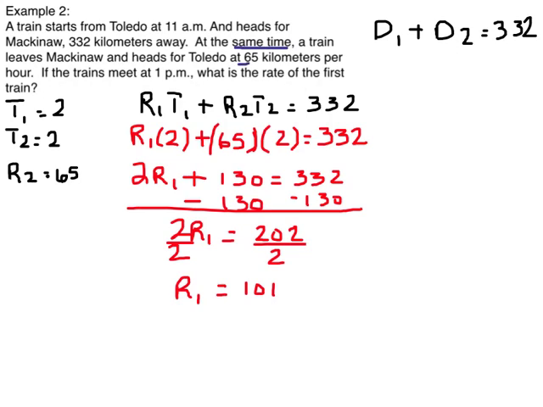Now in this one, we know the rate of the second train. So we have the first train and the second train, and together their distance is 332 kilometers.